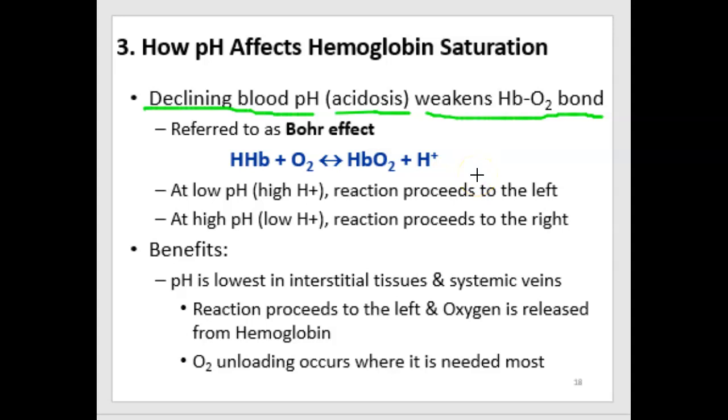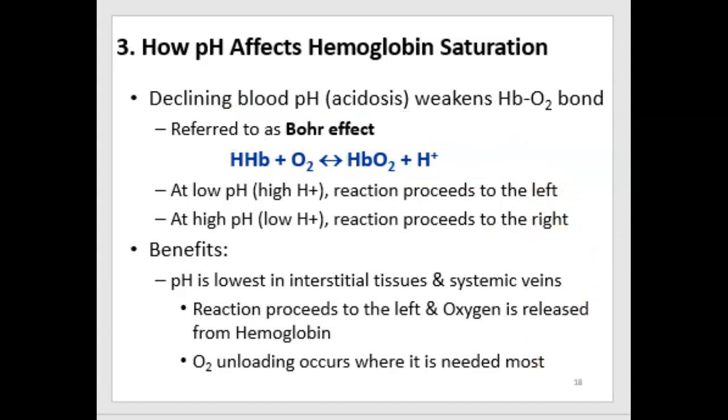I don't know if I care that you remember that, but hemoglobin is normally, when it's not bound to a gas, bound to hydrogen. When oxygen is around, it binds to oxygen and you get oxyhemoglobin. But that displaces this hydrogen. So there was a hydrogen on hemoglobin and now it's free.